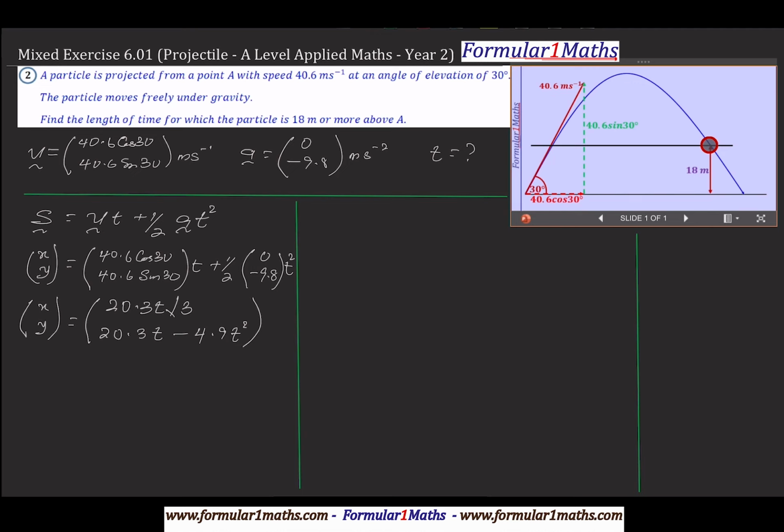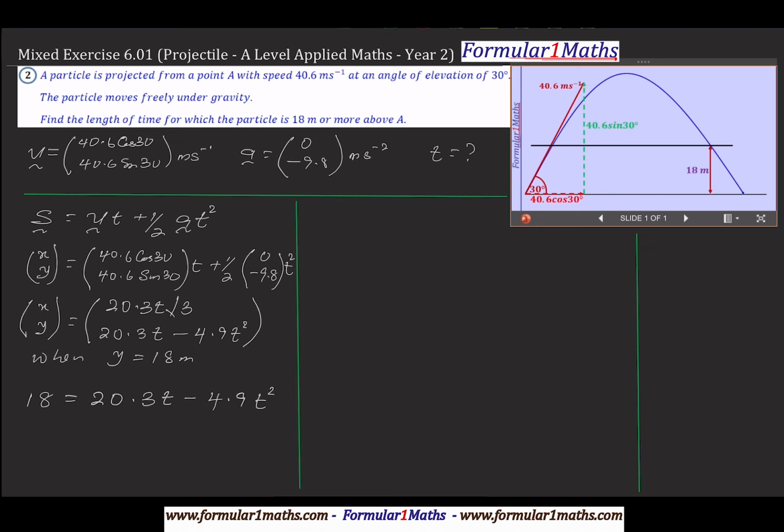So when y is 18 meters, I will have 18 equal to 20.3 t minus 4.9 t squared.